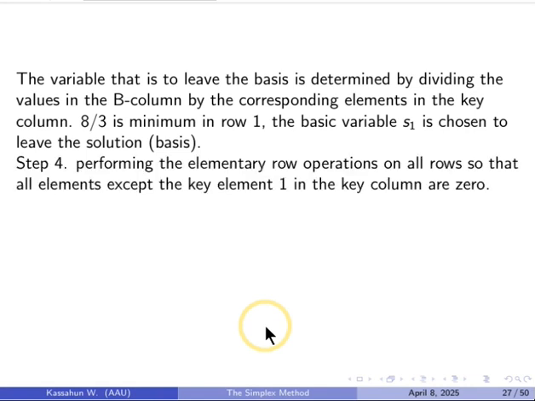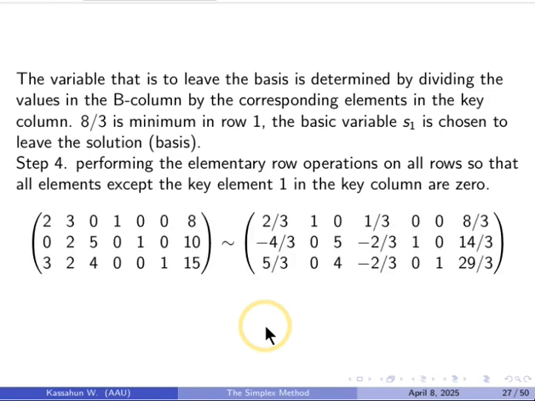The next step is to perform the elementary row operations. Just perform row operations on this. Now this was 3 here. Convert this to 1 by multiplying by 1/3, and then perform row operations. You'll get this row equivalent matrix.